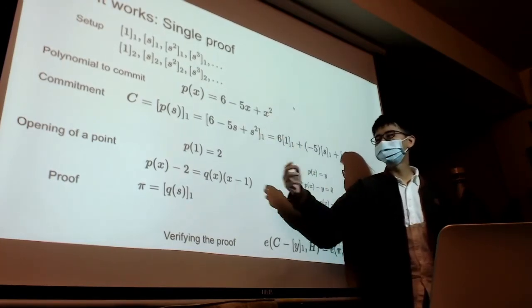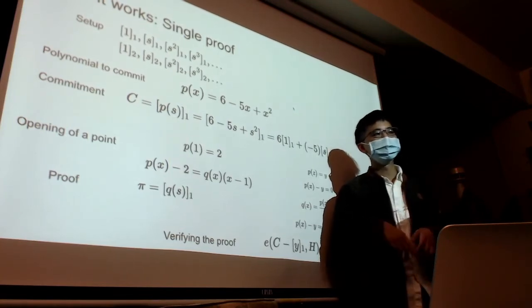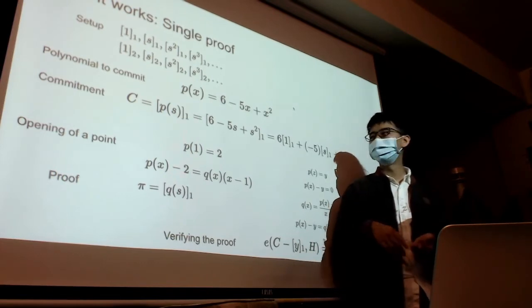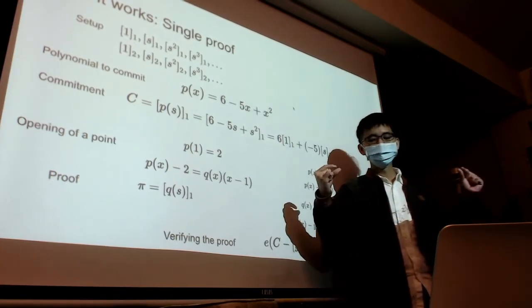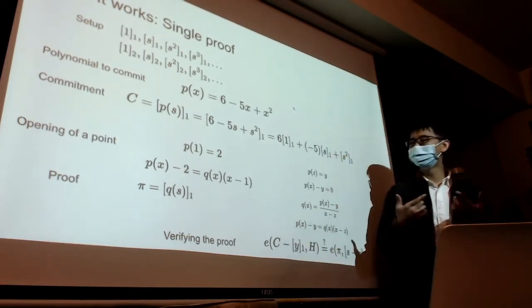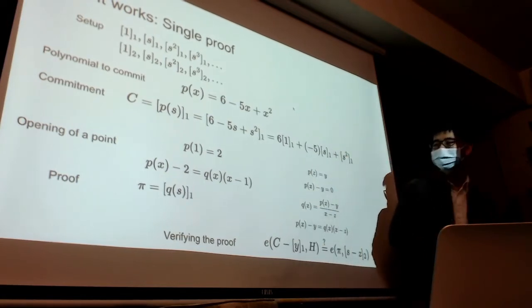You want to prove to people: I have a polynomial that is committed on the blockchain. It's a G1 element, but no one knows what's behind that piece of 48 bytes of data.